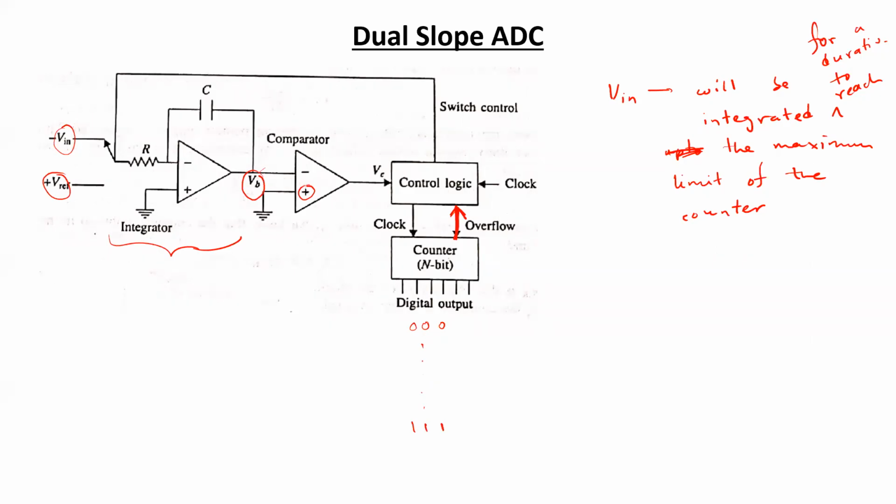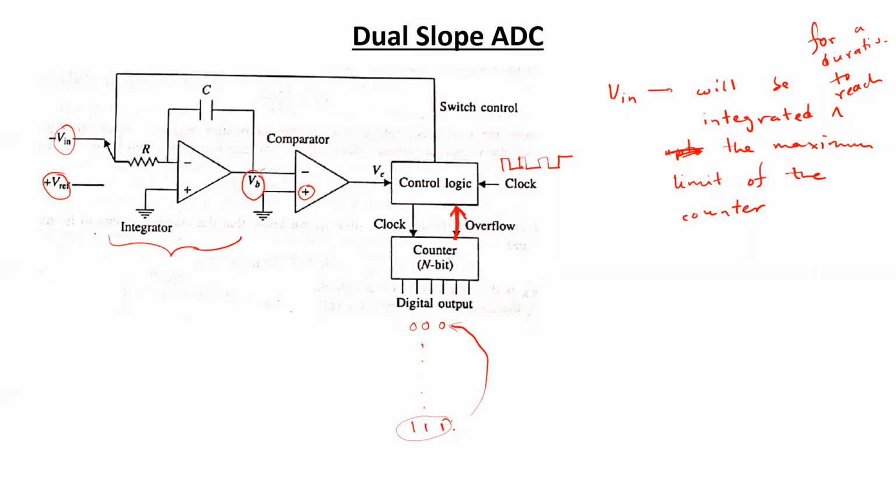So upon receiving each clock pulse, the counter is going to raise its count by 1, and it will reach up to its maximum limit of 1, 1, 1. So after reaching the maximum limit, if the counter receives another pulse, then it will send an overflow signal, and it will reset its values back to 0, 0, 0 again.